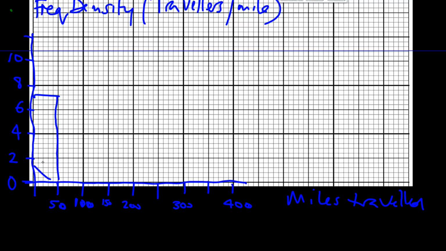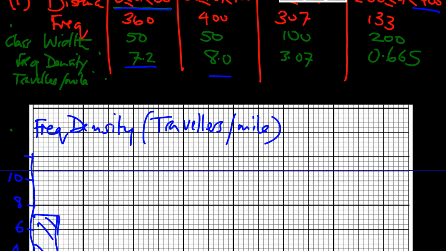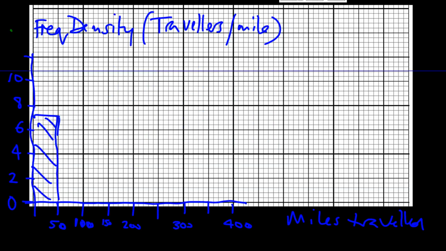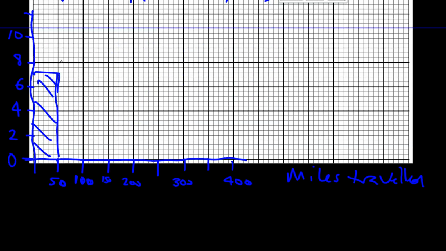You, of course, will be doing it much more accurately than me here. Our next section is 50 to 100, and our frequency density is 8. So that's going to be, there we go, nice. That was a nice and easy one.